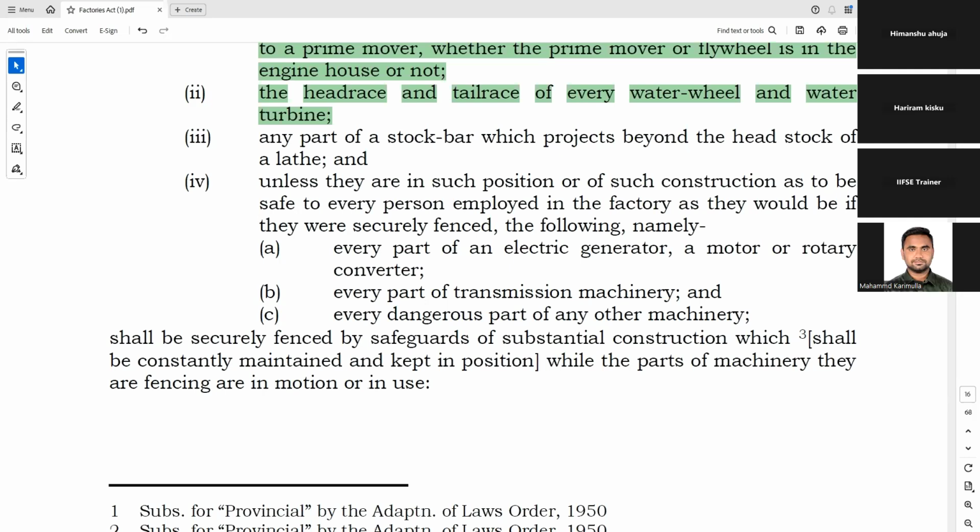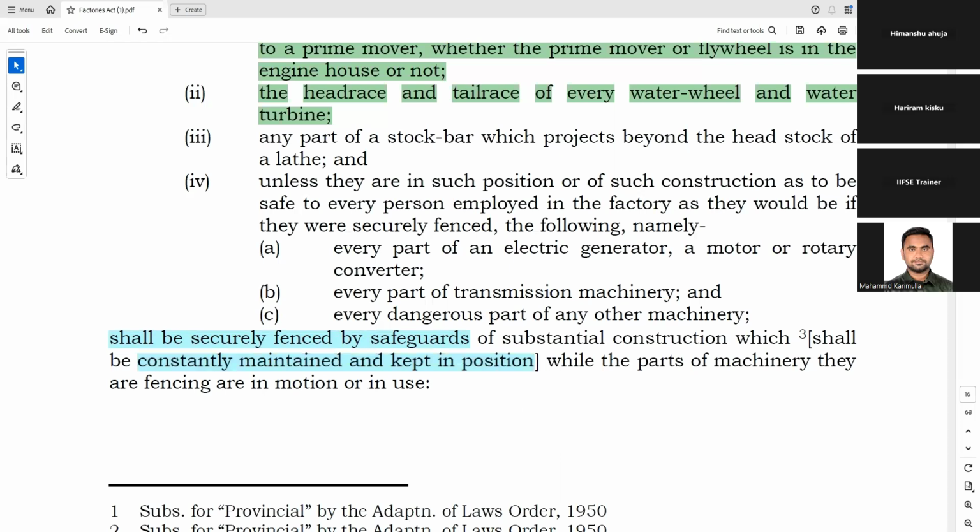It is nothing but the rotating parts, rotating wheels, or any other dangerous parts. The movements must be securely fenced by guards of substantial construction, which shall be constantly maintained and kept in position.